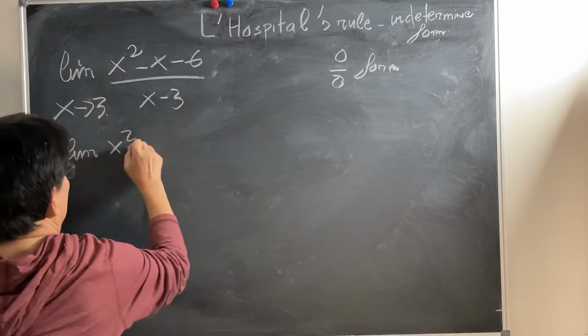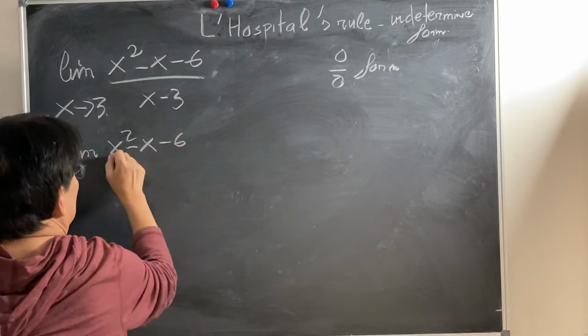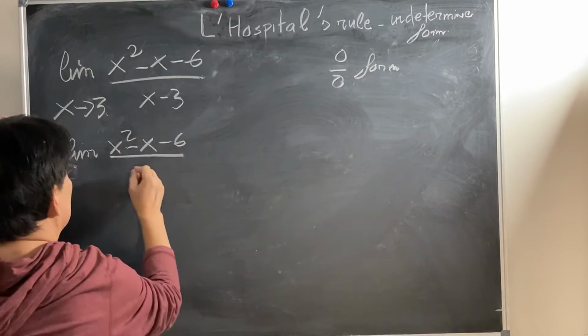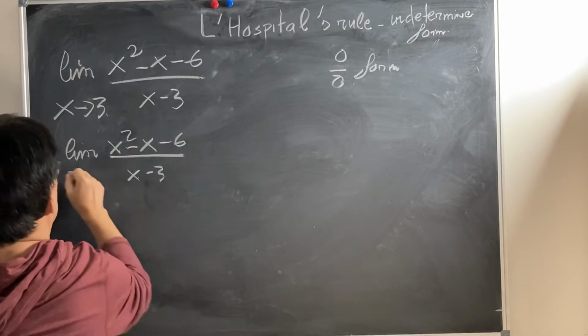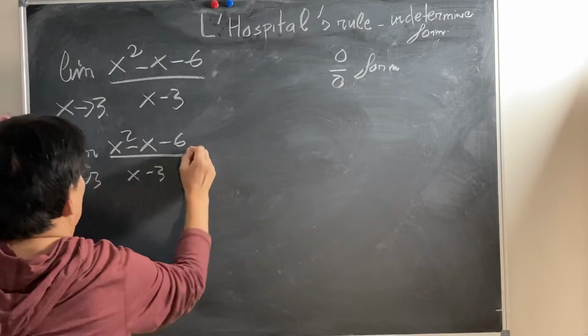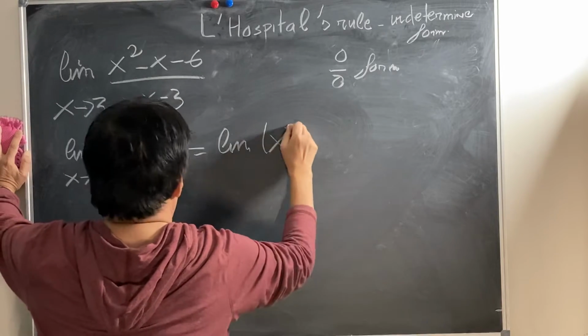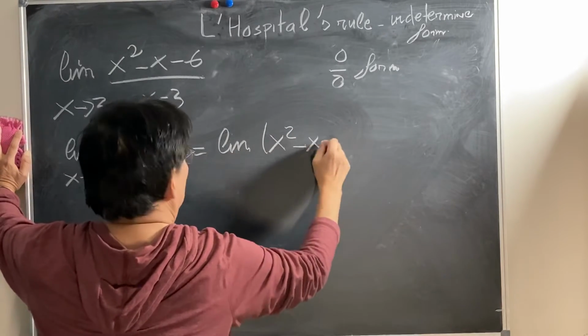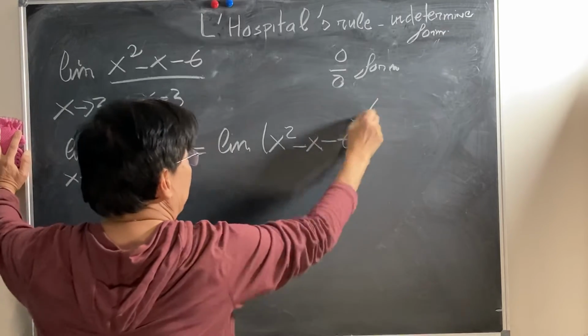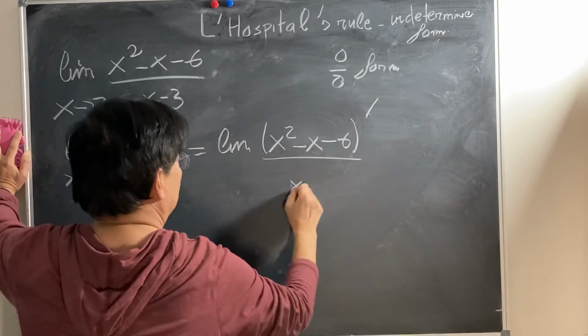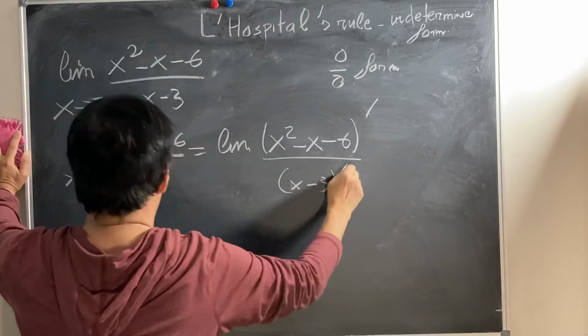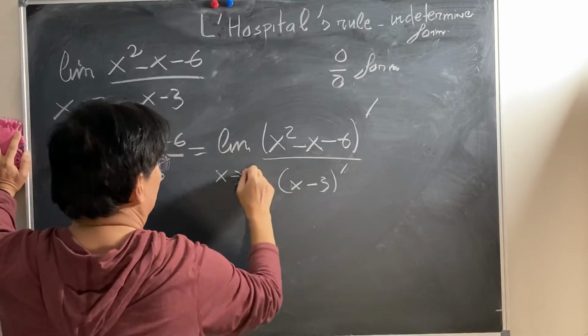You take the limit of (x squared minus x minus 6) over (x minus 3) as x goes to 3, which equals the limit of the derivative of x squared minus x minus 6 over the derivative of x minus 3, as x goes to 3.